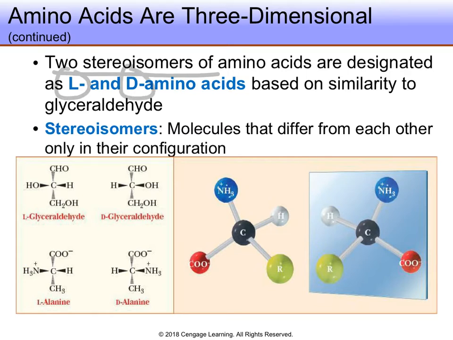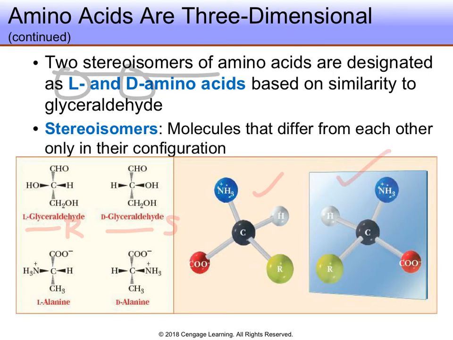When you took organic chemistry, you probably heard a little bit more about R and S. The nomenclature in biochem, when you're talking about amino acids, is simply L and D. The equivalent would be R and S in organic chemistry when you're learning about the various stereoisomers. And stereoisomers are shown here and here.